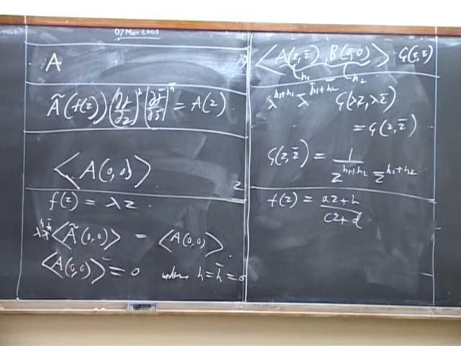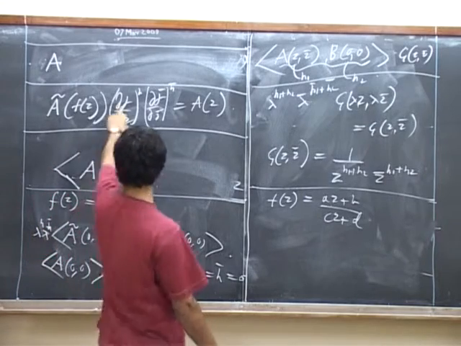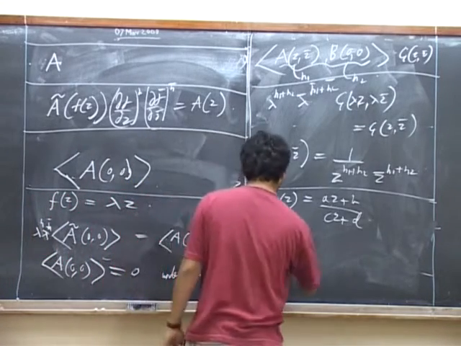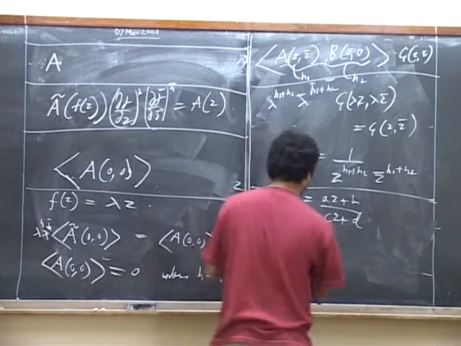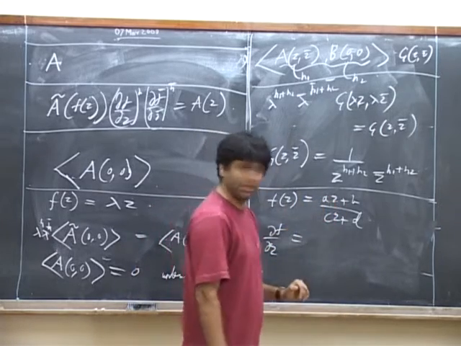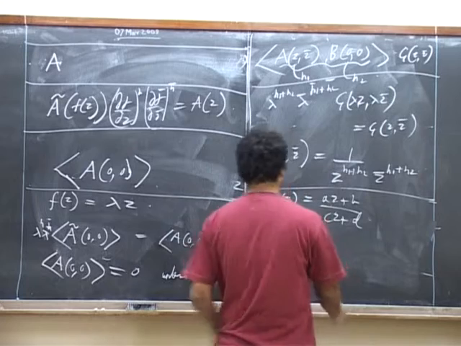Now let's compute del f by del z, because we need that for this rule. So del f by del z is what? Well, we get two terms. We first differentiate the numerator, then differentiate the denominator.